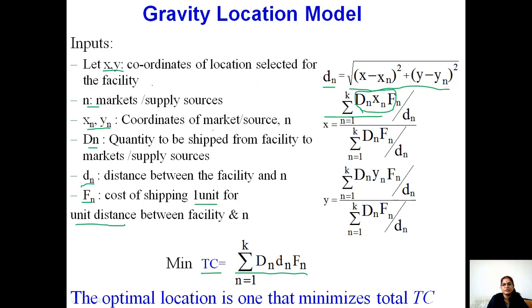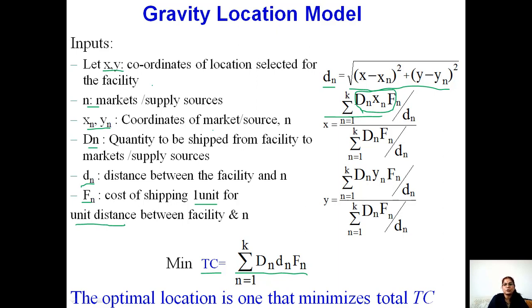Total cost for any location is given by the summation of products of capital D, small d and capital F. That is, cost per unit distance into distance into total quantity will give us the total cost for one facility, one location.